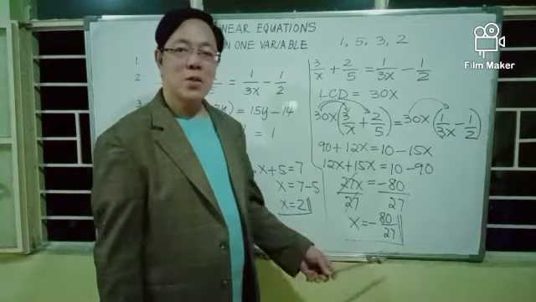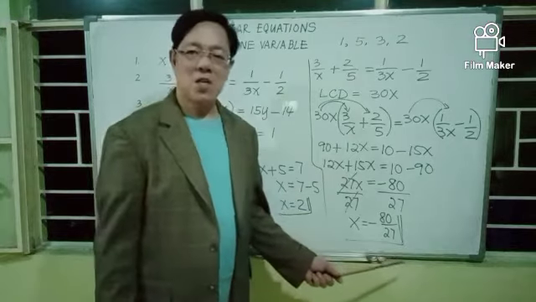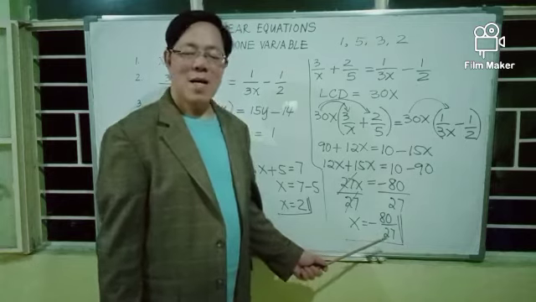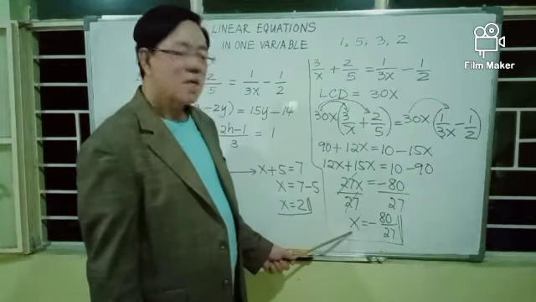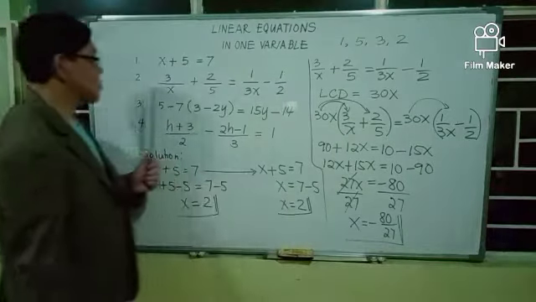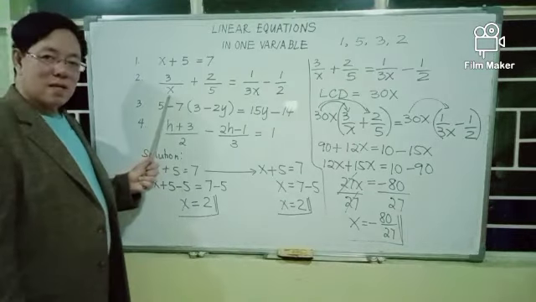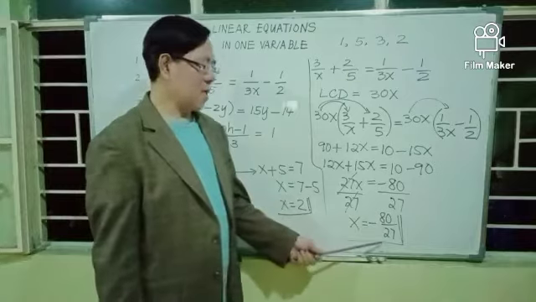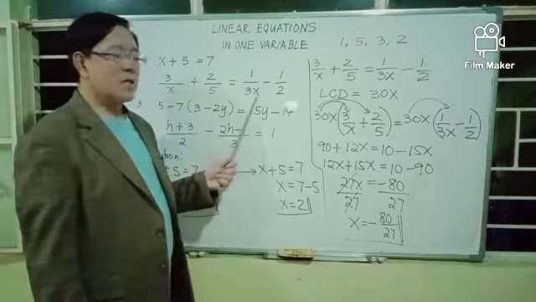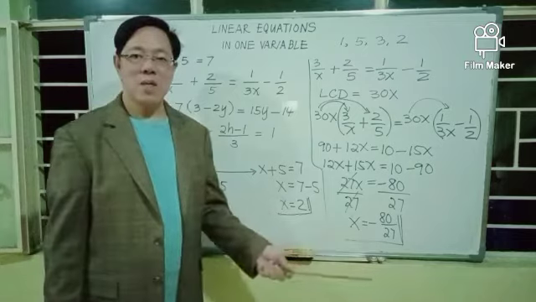But it can be converted to a mixed fraction because this is a negative improper fraction where the numerator is greater than the denominator. Again, to check if this value of x equals negative 80 over 27 is a solution of the second linear equation in one variable x, you replace x with negative 80 over 27 at the left-hand side, and also at the right-hand side.